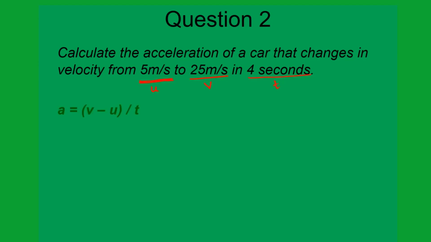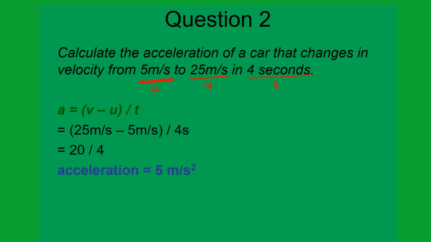We know acceleration equals final velocity minus initial velocity divided by time taken. So 25 meters per second minus 5 meters per second divided by 4 seconds. So 20 divided by 4, so 5 meters per second square. Remember the unit of acceleration is meter per second square. Very important.